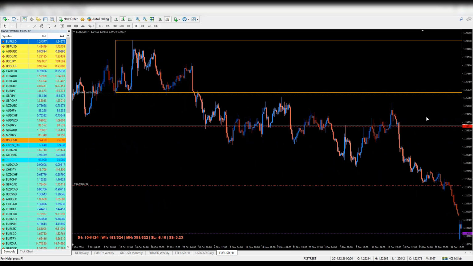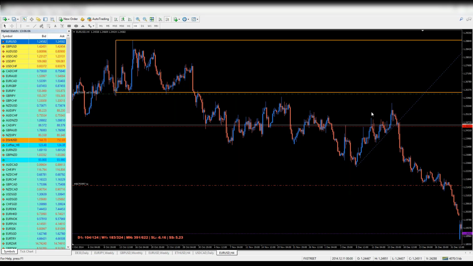Here it is, and this was simply the breakaway zone from here. So the 124.50. Price kind of came up and broke. We had an upward sloping trend line, and this was the most recent area that we could consider.